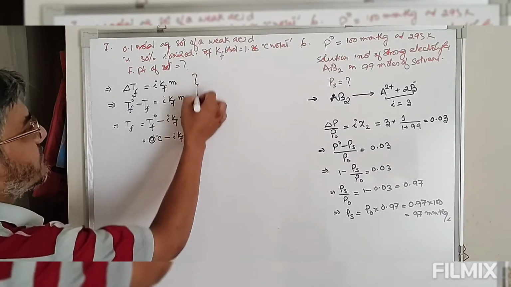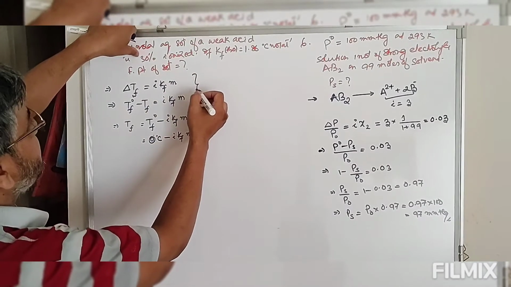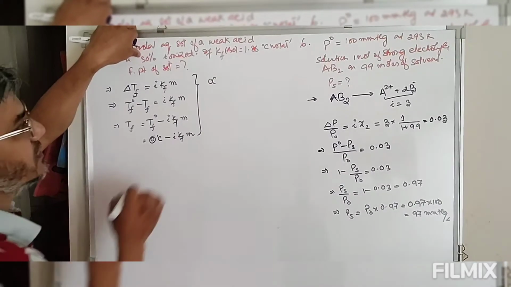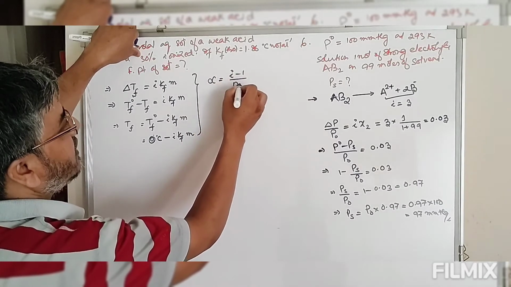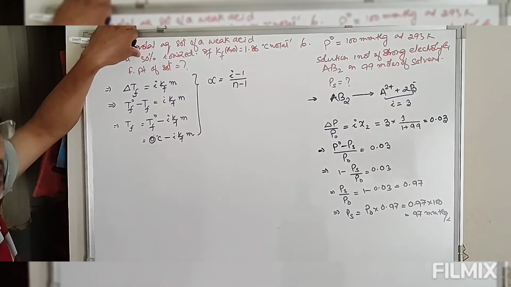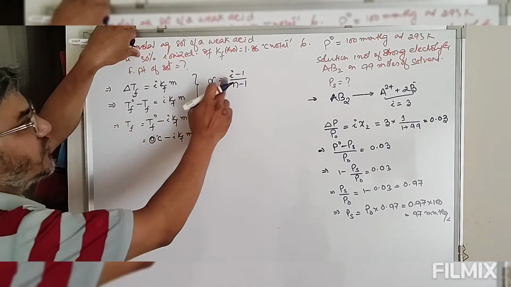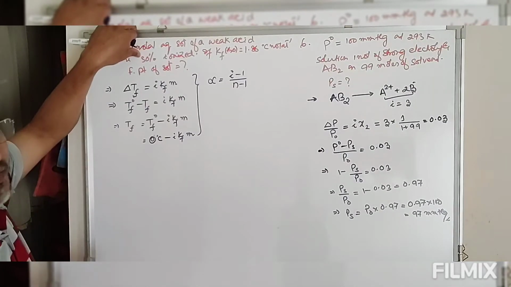We have a weak acid which is 30% ionized. So alpha, the degree of dissociation, equals i minus 1 divided by n minus 1, where n is the number of moles of ions present in the solution.